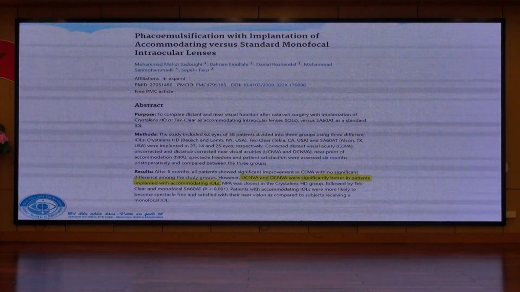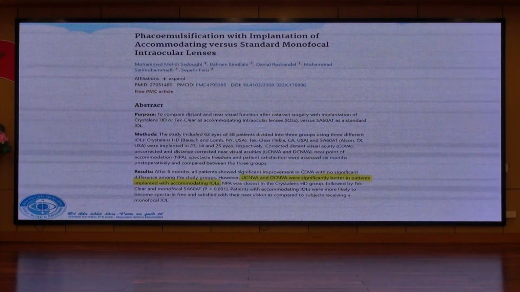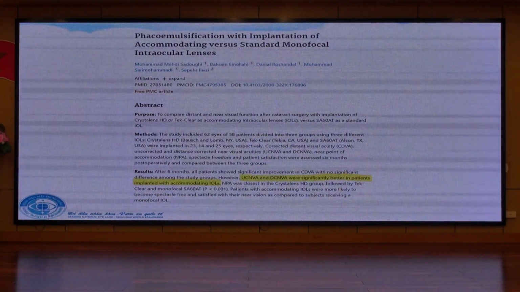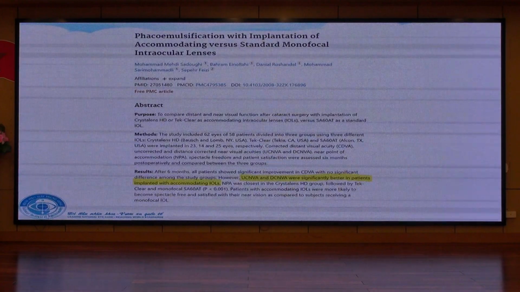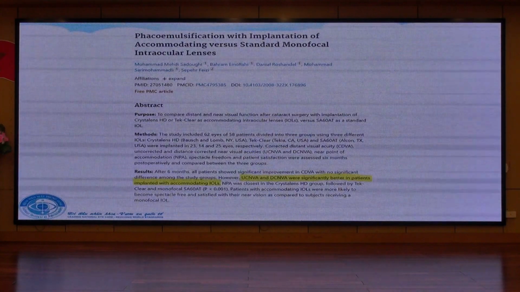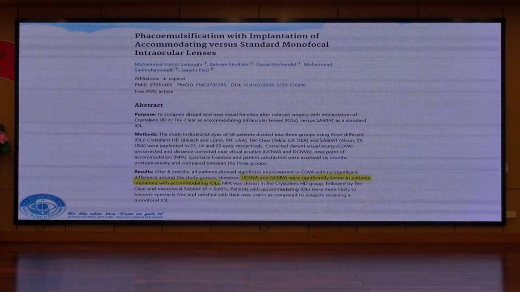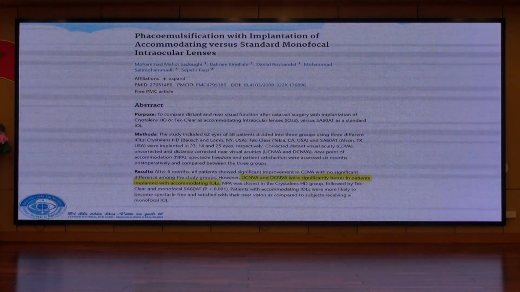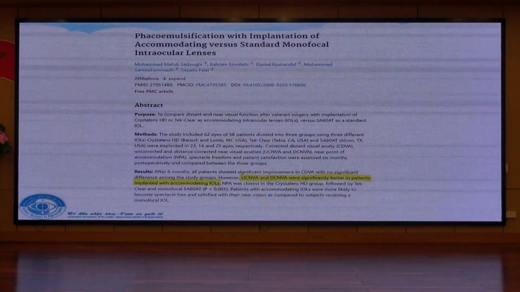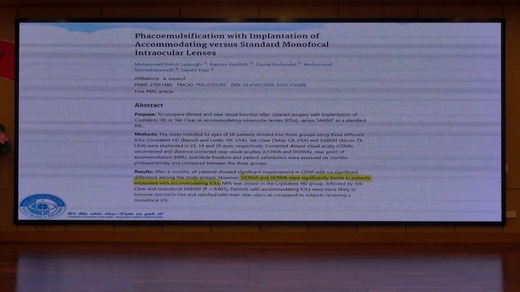And this is a study of 60 eyes of 58 patients divided into three groups using three IOLs: CRYSTALENS, high definition, and a clear monofocal outcome. The author showed the near and intermediate vision were significantly better in patients with AIOLs.